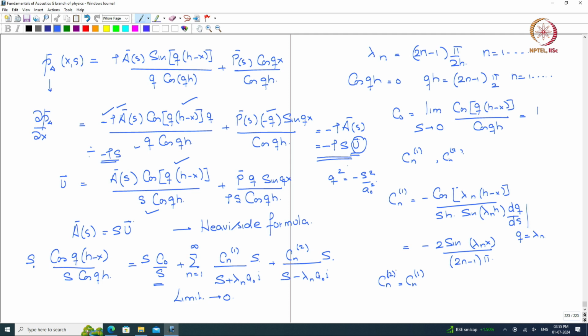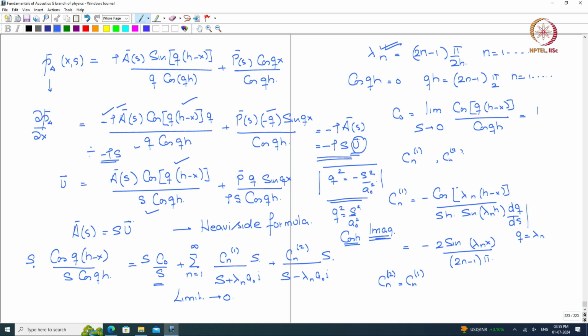Okay, now one thing is, if you had not taken q square is equal to minus s square by a0 square, if you had taken q square is equal to s square by a0 square, then you would have cos hyperbolic type functions, and they would have roots on the imaginary axis. Okay, lambda n's are real over here, they are on the real axis.